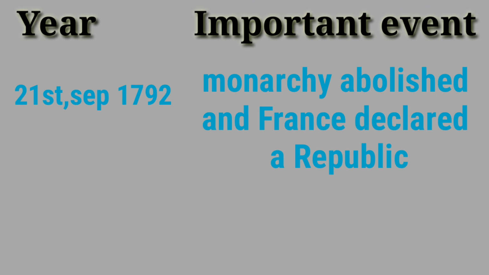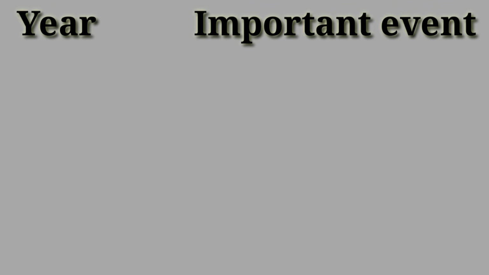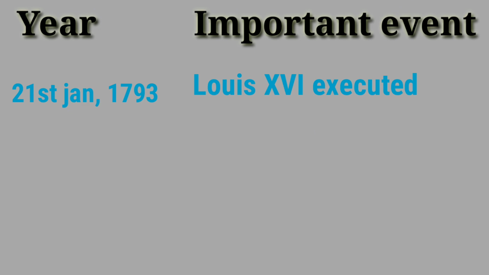Then on 21st September 1792, in the same year, the monarchy was abolished and France was declared a republic. So on this date, the monarchy was abolished and France was finally declared a republic. Then on 21st January 1793, Louis XVI was executed.